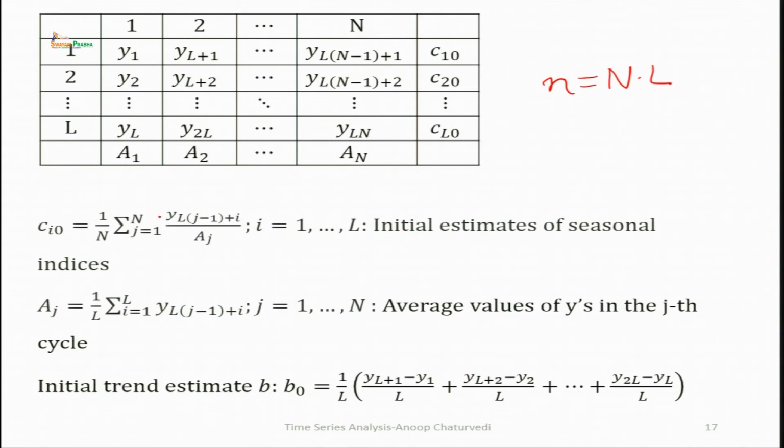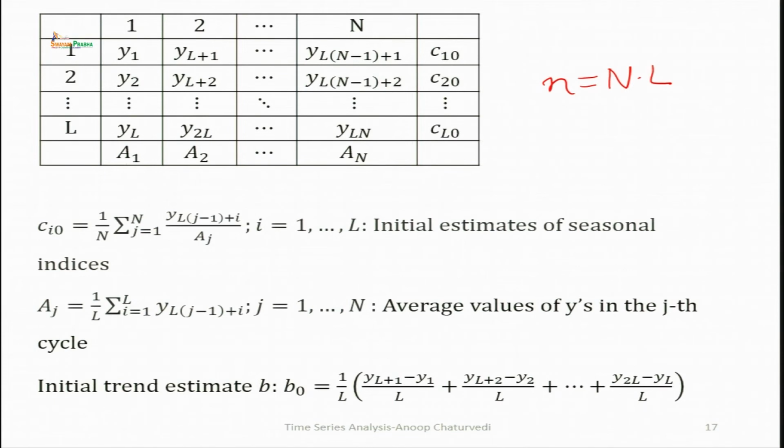You divide each observation by the mean of that column to which that observation belongs, and then you take the arithmetic mean of those quantities. So, CI naught is the initial estimate of seasonal indices, and A_j is the average value of y's in the jth cycle.